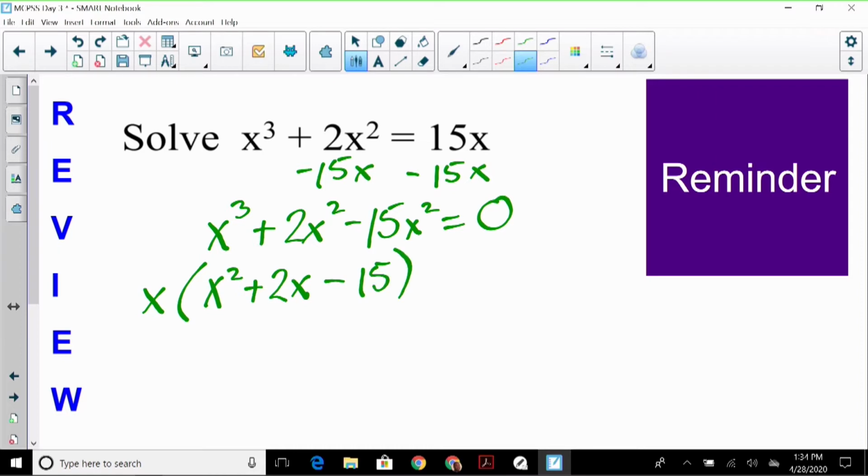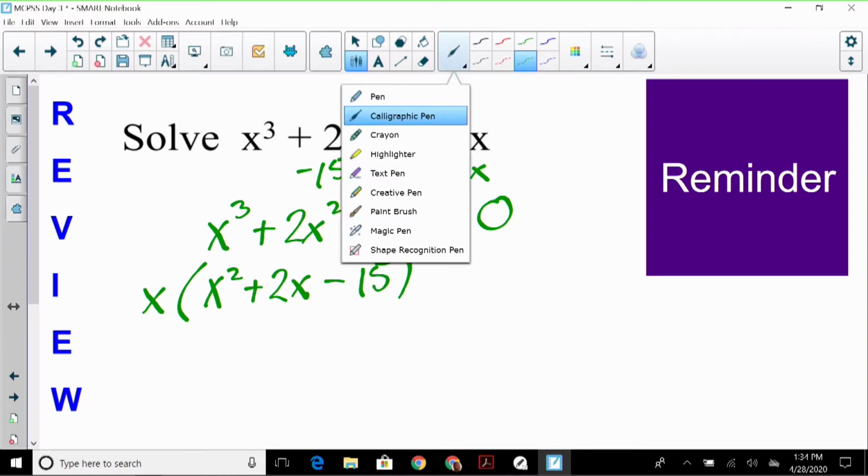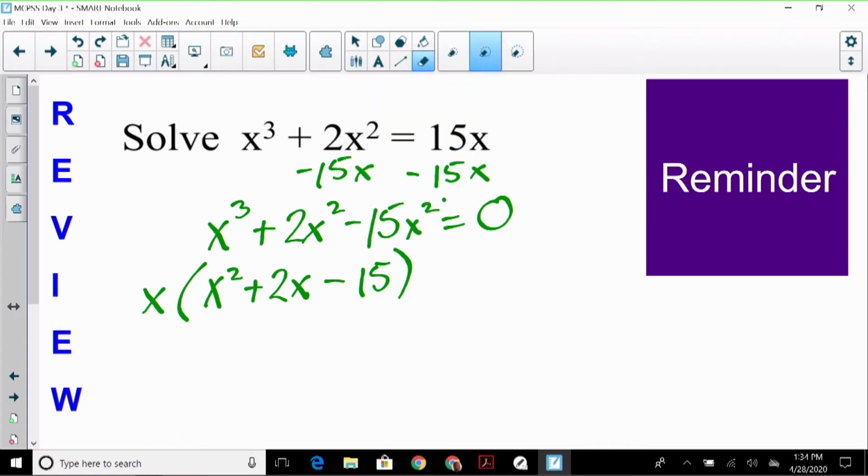Let me go back and correct this. This should be just negative 15. So here's our trinomial again. Two terms that multiply to give us negative 15 and add to give us 2. 1 times 15 is 15. 3 times 5 is 15.